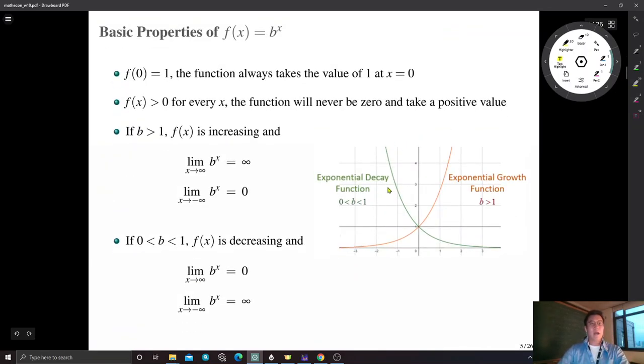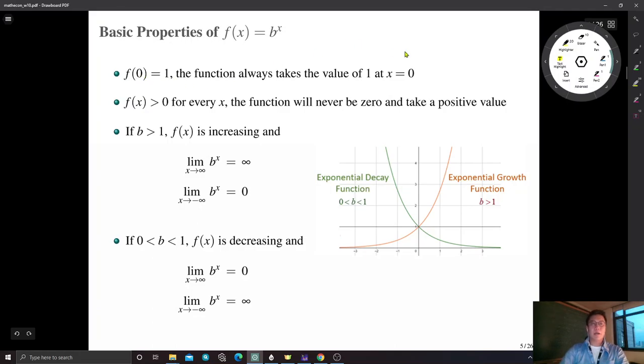So here I enumerate the basic properties of exponential functions. Let me first talk about the first two general properties. These two properties are valid no matter what the base b is. Regardless of the base b, the function's value at 0 is equal to 1. So f of 0 is equal to 1.